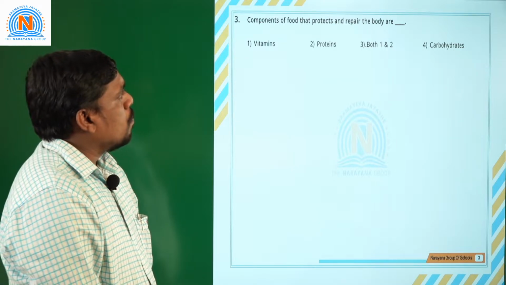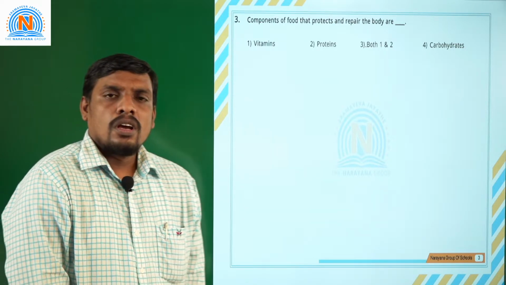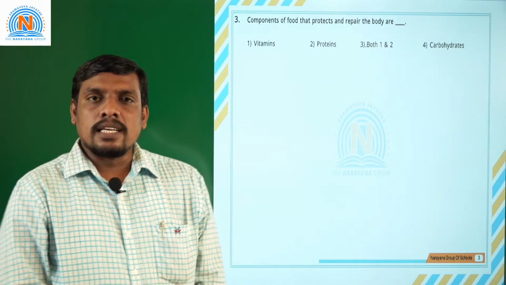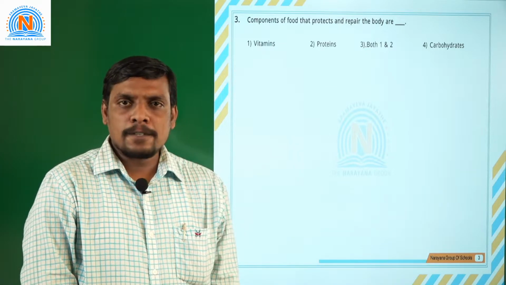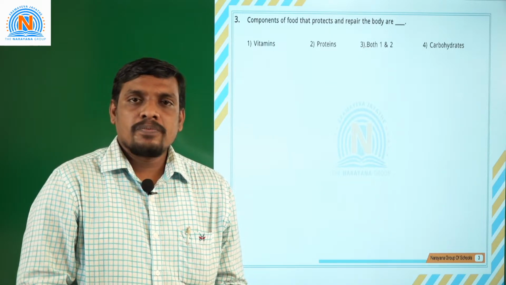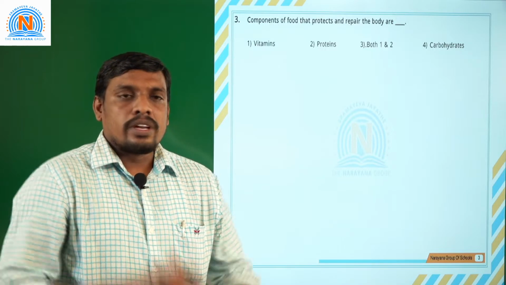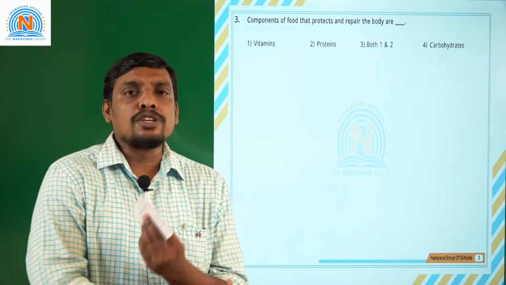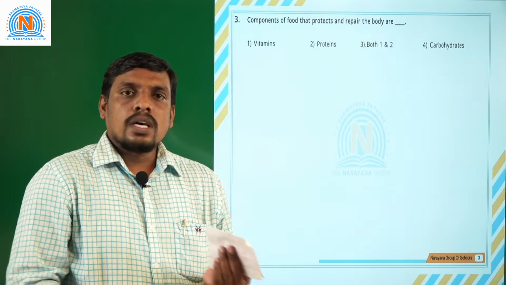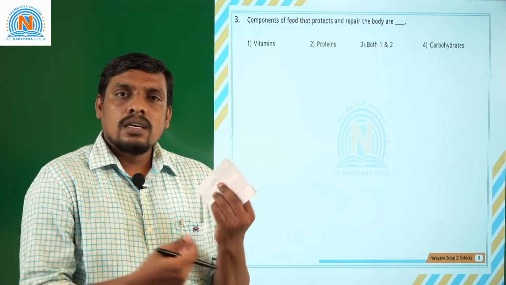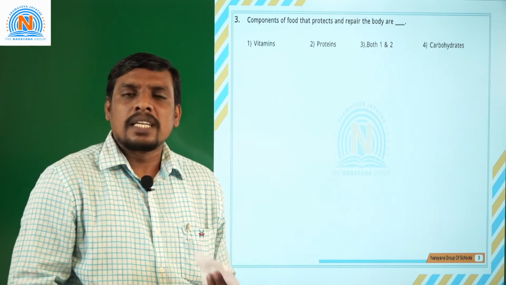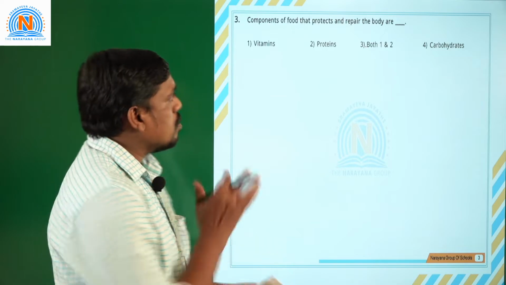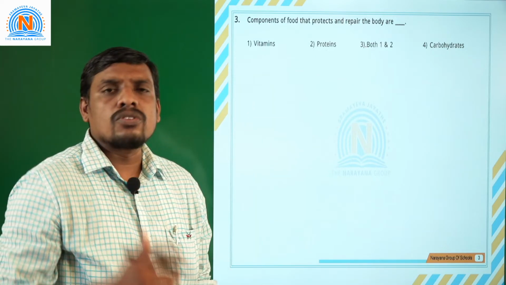Components of food that protect and repair the body. When you are playing games, suddenly you may fall down. When you fall down, you may get injuries. So how will the injury or wound be repaired? With the help of certain substances or food components.